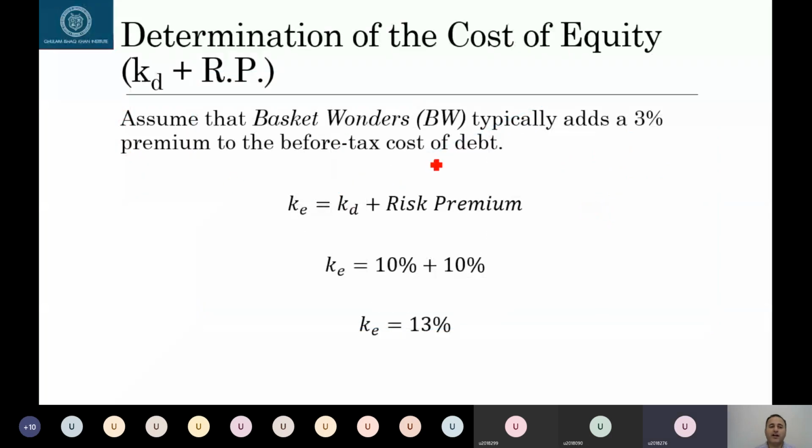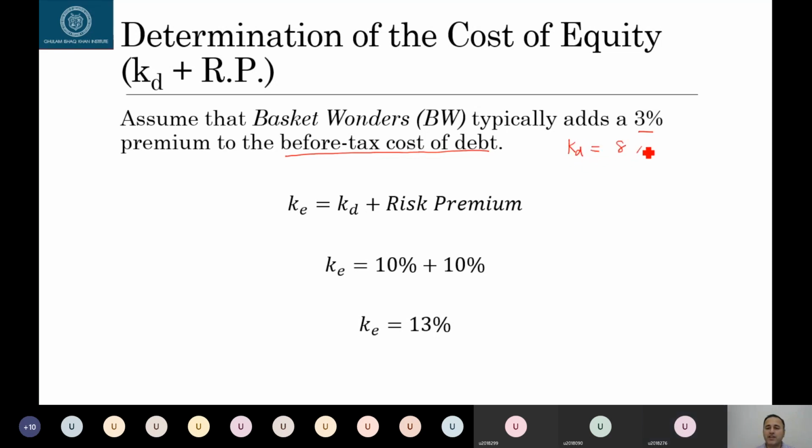Okay. Again, an example from analysts: they typically add a 3% premium to the before tax cost of debt. And this one is very, very important. So it is before tax cost of debt. If you've seen my last recorded lecture, we calculate cost of debt.